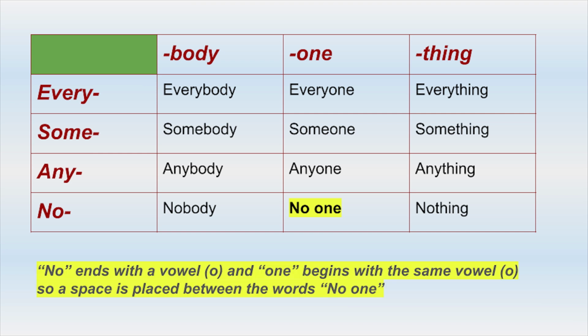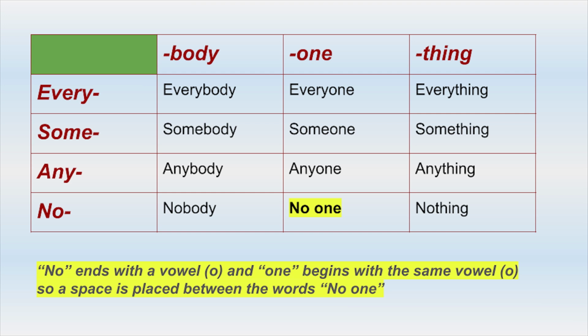This is because these indefinite pronouns are also compound words. When a word ends in a vowel, as no ends in O, and another word begins with the same vowel, as one begins with O, they need to have a space between them to avoid confusion.